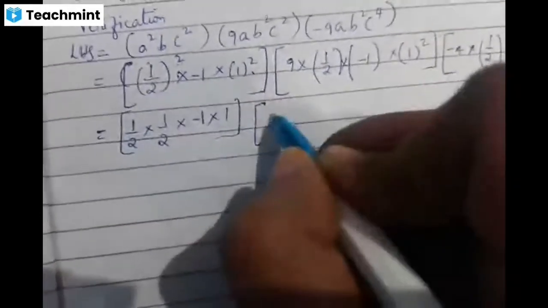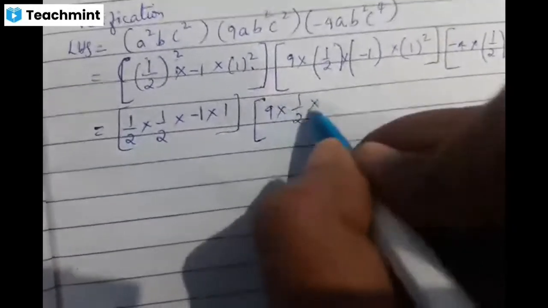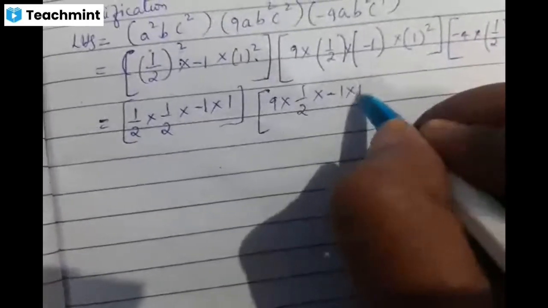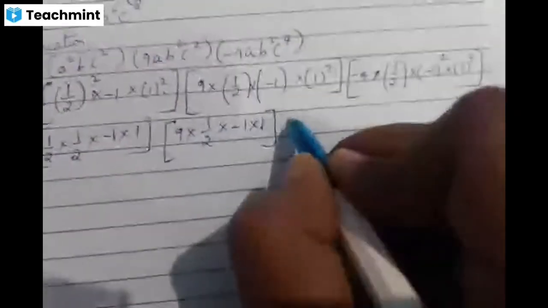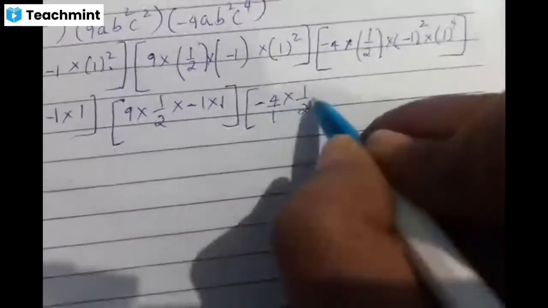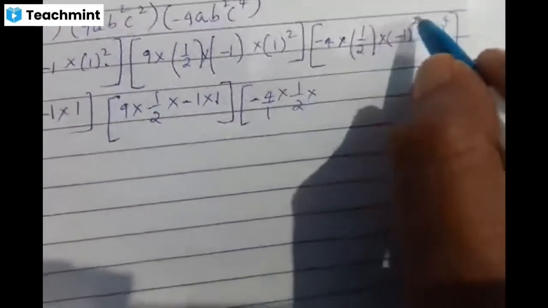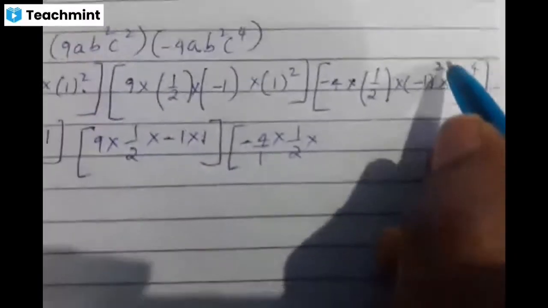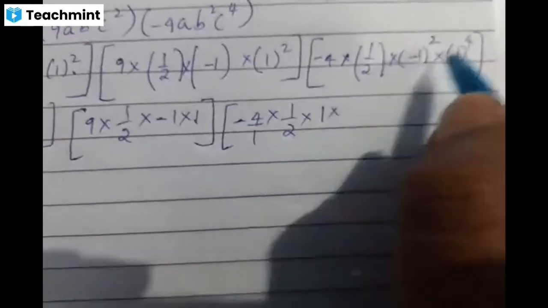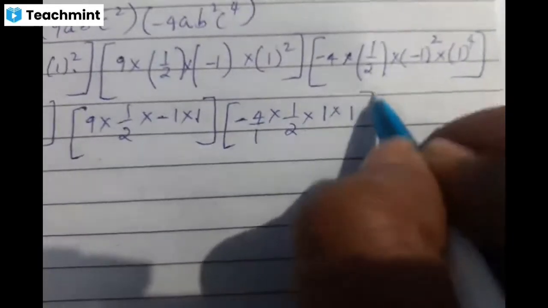Next we have 9 into 1 by 2 into minus 1 into 1 square, 2 times. Again it is 1. Then in the next step, minus 4 into 1 by 2 into minus 1 multiplied 2 times. So it is an even number. We have 1 as the answer, children, into 1 to the power of 4, which is 1 again.